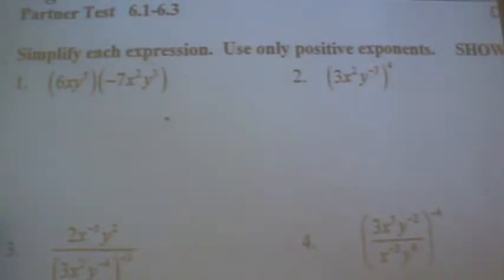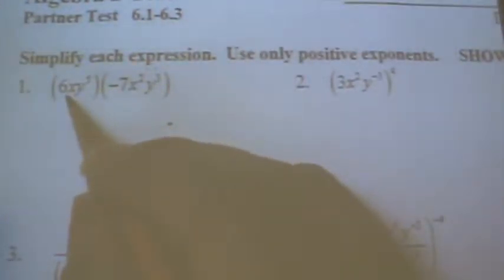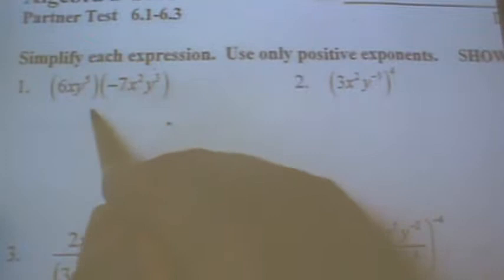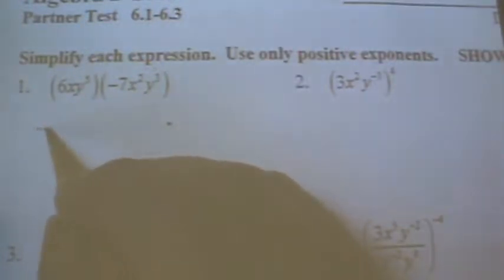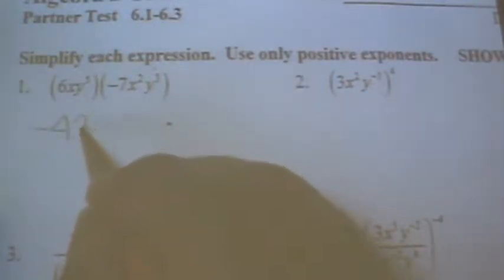Okay, here's the partner test from Friday. I'm gonna show you how to do each problem. Number one, this one is simply multiplying. When you're multiplying, what do you do with the 6 and the negative 7? Multiply them. And then as far as your x's, you're gonna add the exponents.